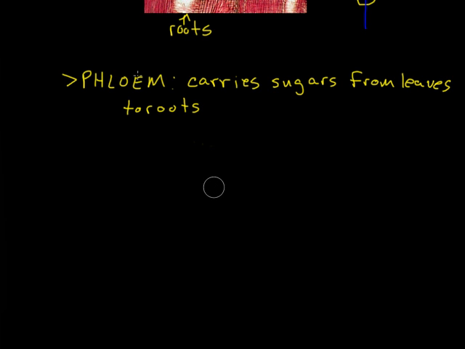Now, phloem's made up of two different types of cells. We've got the sieve tube cells, or I'm just going to write the tube cells. And they're cylindrical with openings on the ends, much like xylem, except the difference is they remain alive. And so, although they're predominantly hollowed out, they do maintain a thin wall of cytoplasm around the outer diameters of the cell.